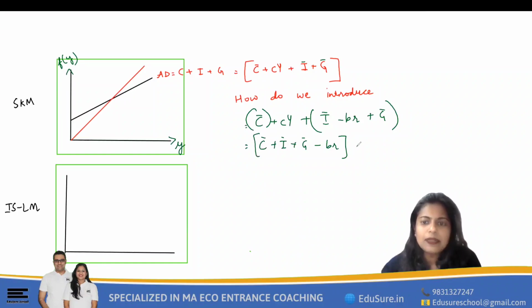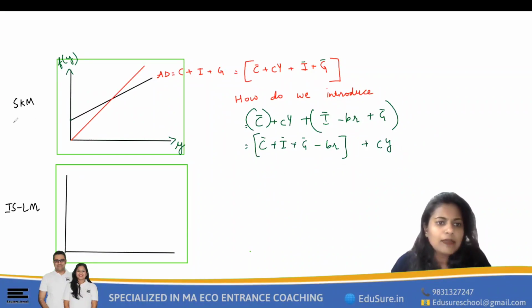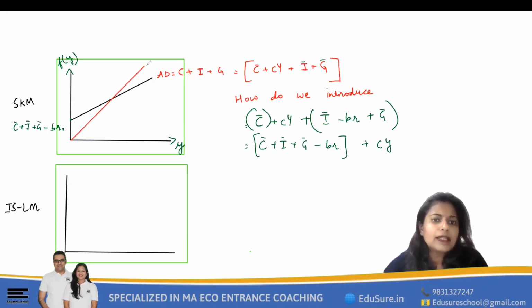They are all intercepts, and the slope is still c. With the 45-degree aggregate supply curve, Y star is the equilibrium, right?